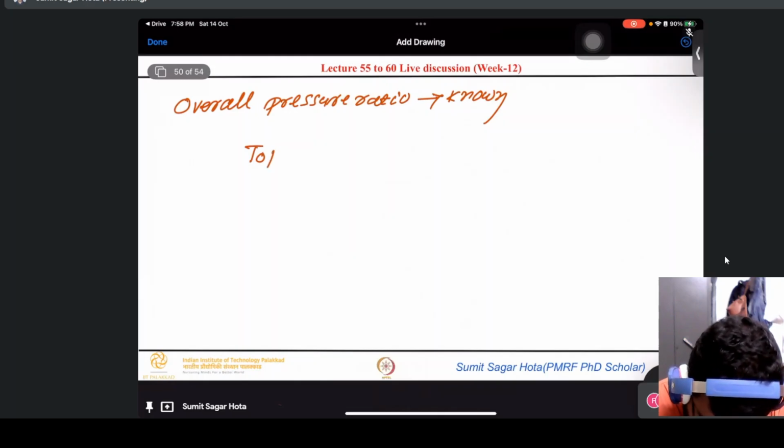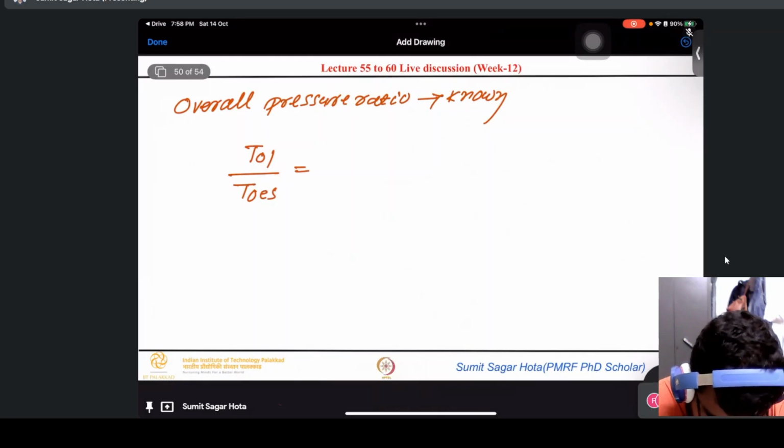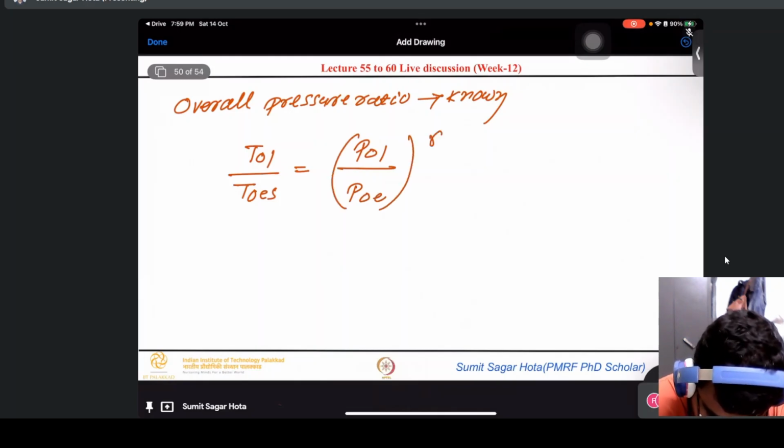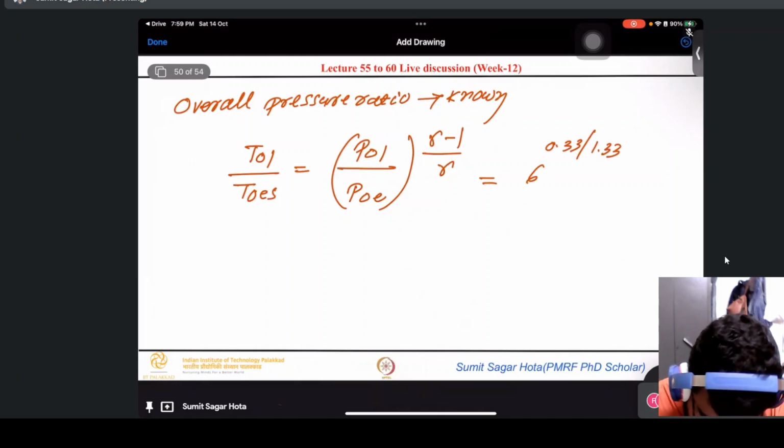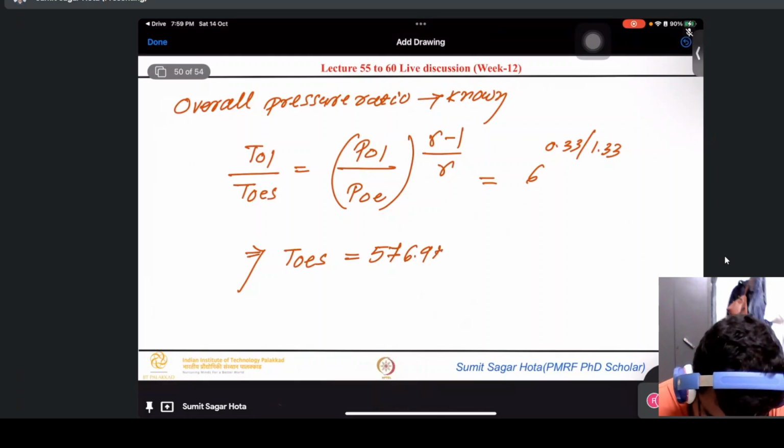So T1 by T naught ES equal to T naught 1 divided by T naught ES, equal to 6 to the power gamma minus 1 by gamma, that is 0.33 by 1.33. So T naught ES will be 576.9 Kelvin.